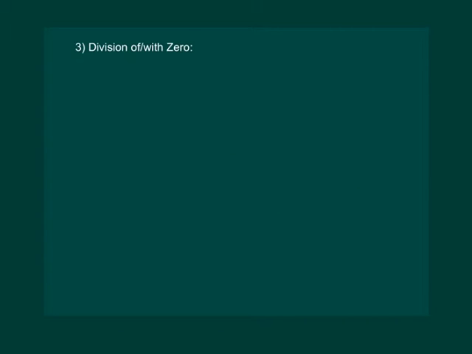Here we have to discuss division of and with 0. Consider any integer, say -10. -10 divided by 0 is not defined. It means 0 cannot be put in the denominator, or we cannot divide any integer by 0.